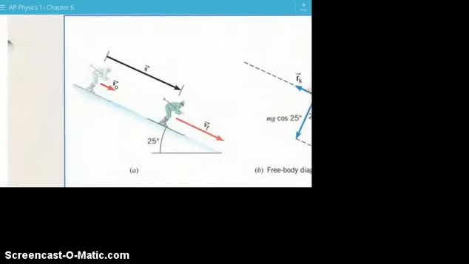If we weren't in the work energy section, how would you guys do this problem? We did inclined plane stuff before, right? So how were we doing this before? We would rotate the coordinate system, and then what would we do? Yeah, we'd need to find the net force along the incline, and that would help us solve for the acceleration, and then we could use the kinematics equations to solve.